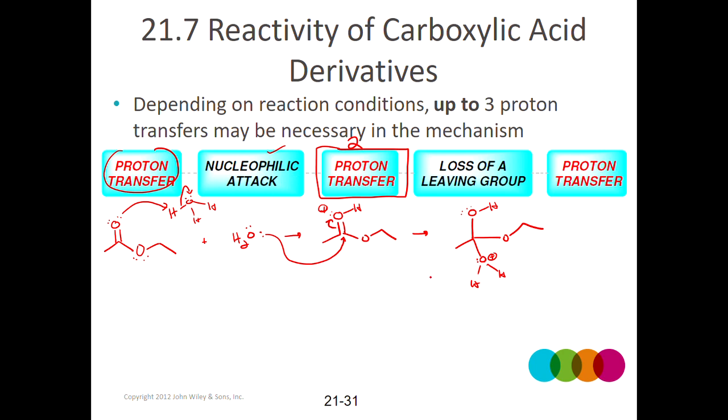So to stabilize this positive, a water would have to pick off this proton. That would give a relatively stable intermediate. What's wrong with this intermediate? Why wouldn't this be the final product?